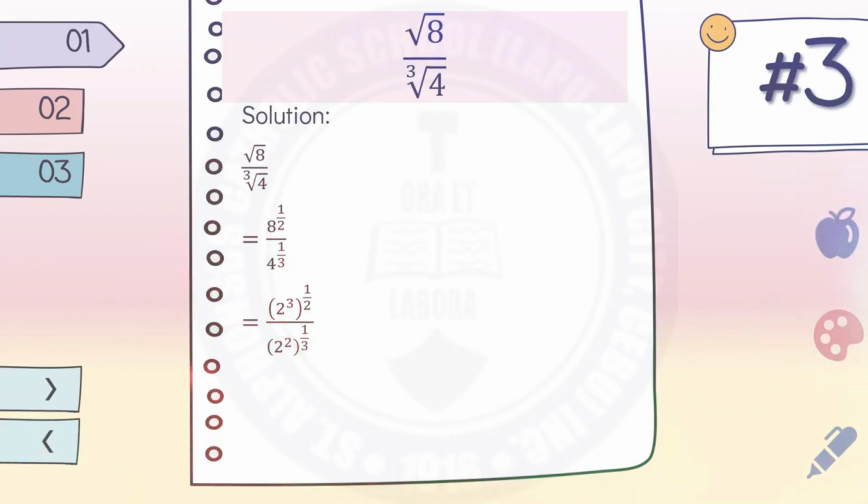Next, multiply the exponents. So as you multiply the exponents, you arrive at 2 raised to 3/2 all over 2 raised to 2/3.